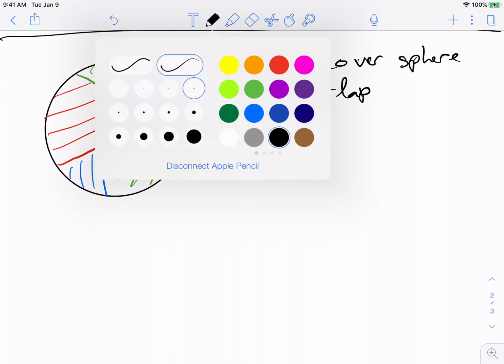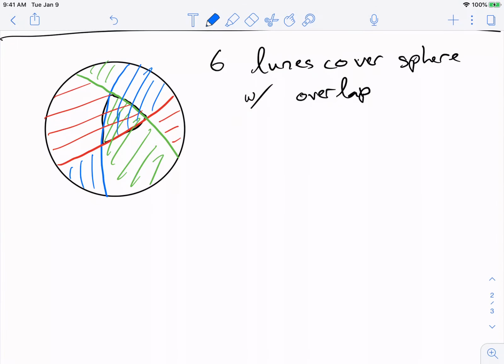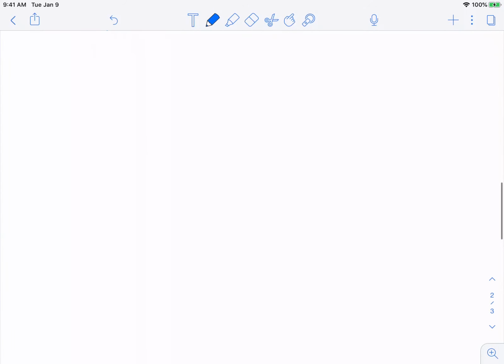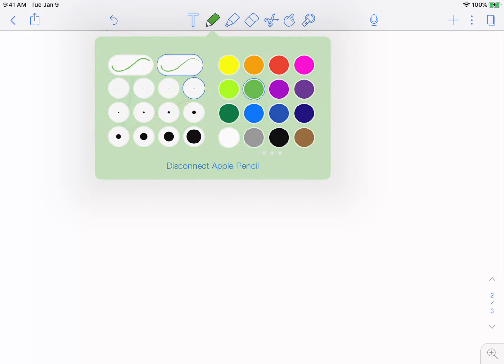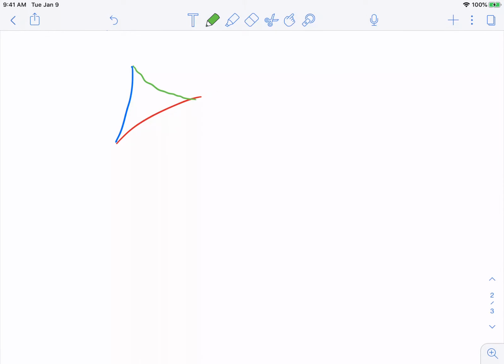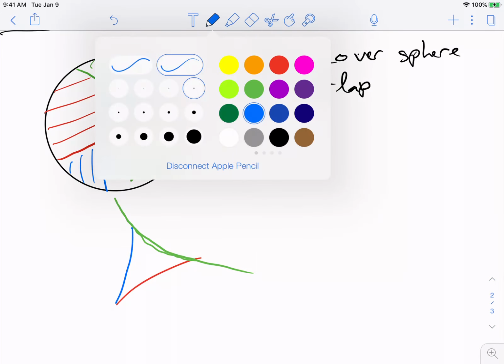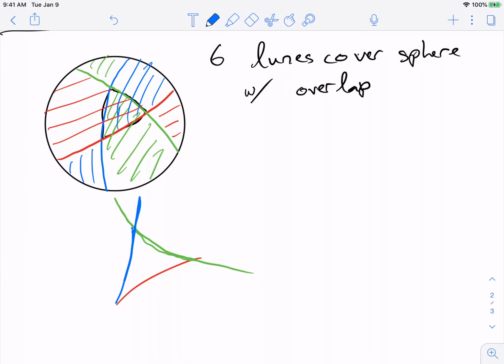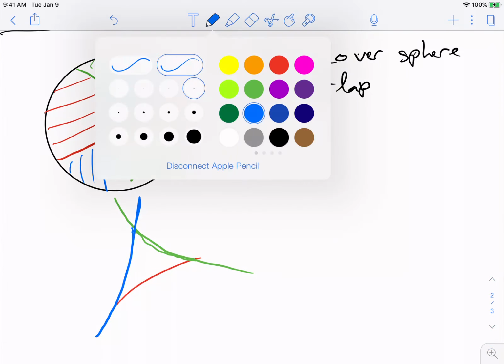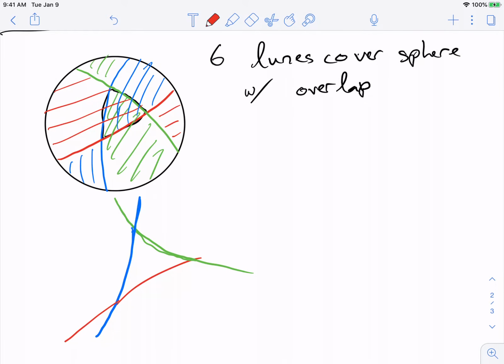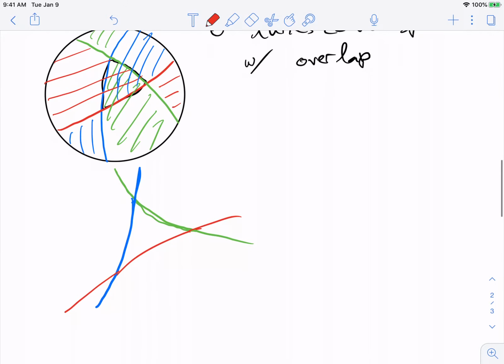If we try to do something similar on the hyperbolic space, we'll see what happens. So to do the analog of this picture, I would extend every geodesic as much as I could. So I extend all of these.